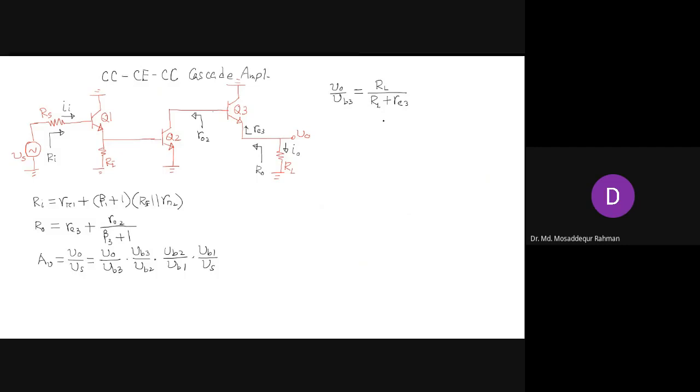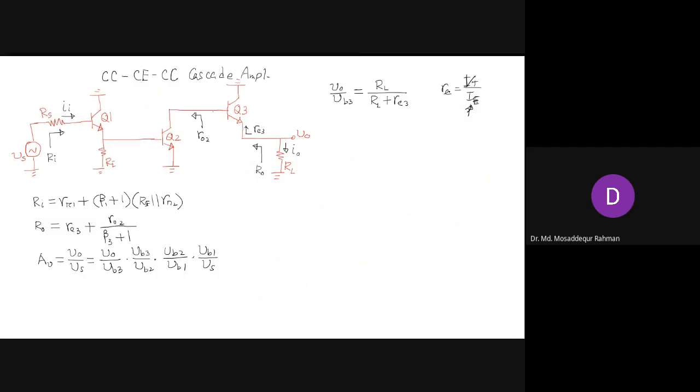It depends on the value of the DC bias current, IE. Because re is VT by IE, so it depends on how much your IE or IC is. So that depends on this current.